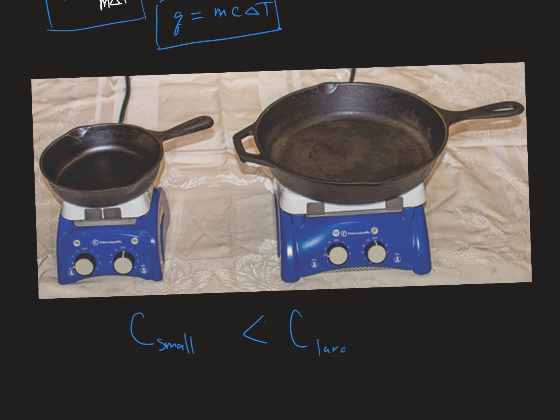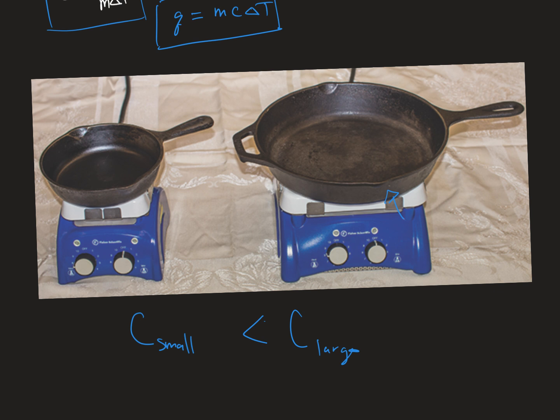Okay. Does that make sense to everybody? All right. No questions on that? So this one can obviously hold more heat before it changes temperature because it's bigger. There's more of it. Okay?